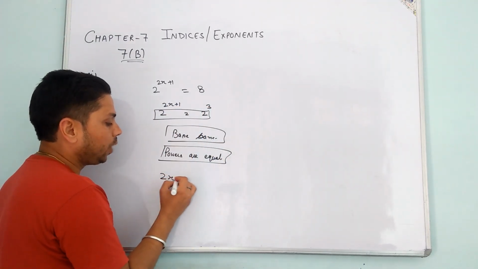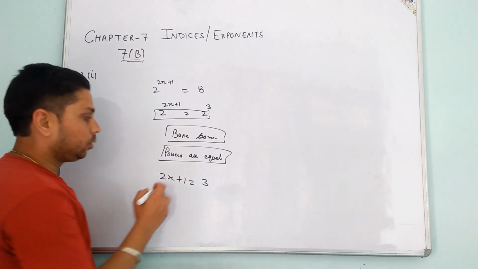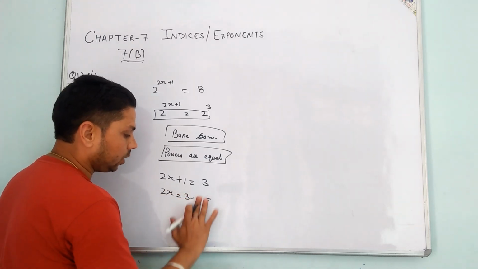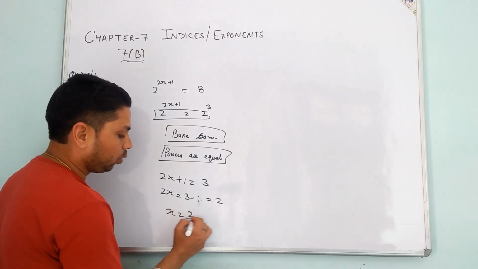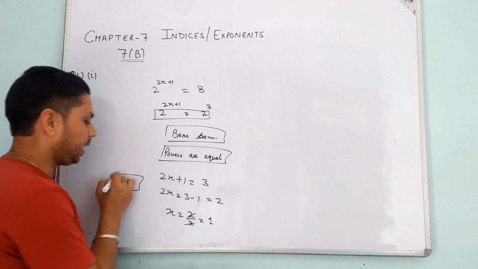That is 2x plus 1 is equal to 3, so 2x is equal to 3 minus 1, that is equal to 2. x is equal to 2 over 2, 2 cancels 1. So we have x is equal to 1 as required.